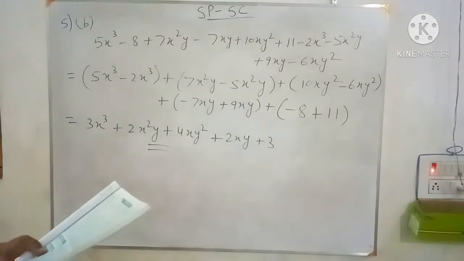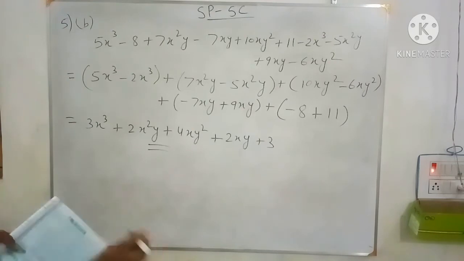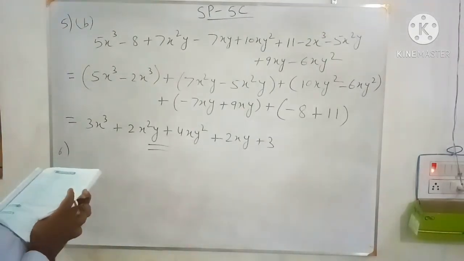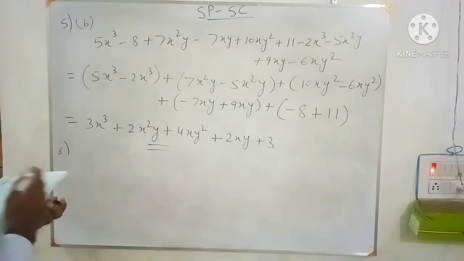Now see the last question, question number 6. The area of a square is given. Here it is given the area of a square is 4x square minus 2xy minus 6y square units.